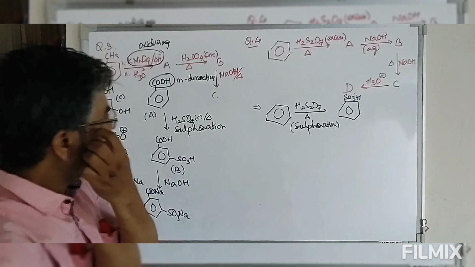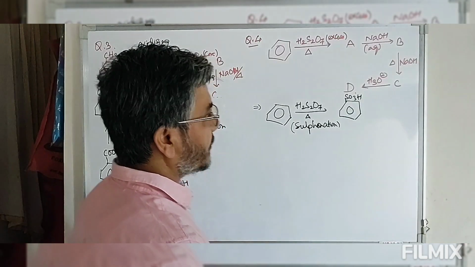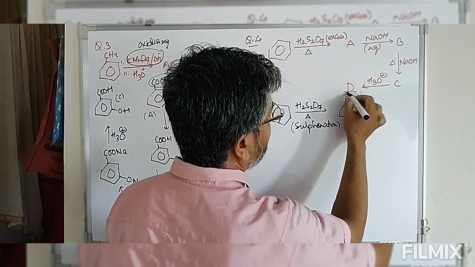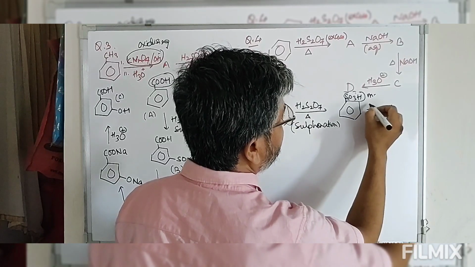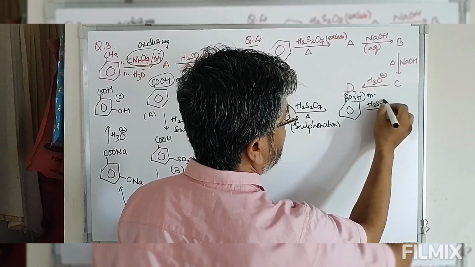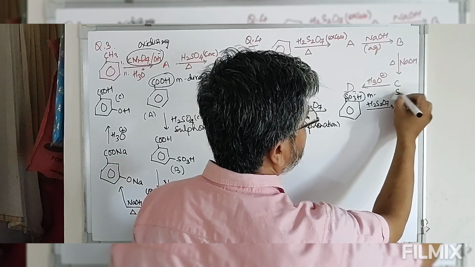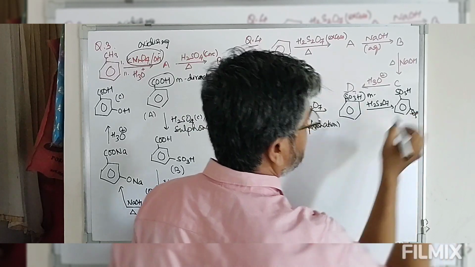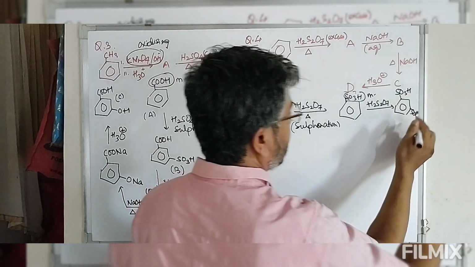Now this oleum being taken in excess, this undergoes further sulfonation. So in the second step, look at this sulfonic group, this is a meta-directing group. So this undergoes further sulfonation, and a second sulfonic group is introduced at the meta position. So the compound A forms this meta substituent.